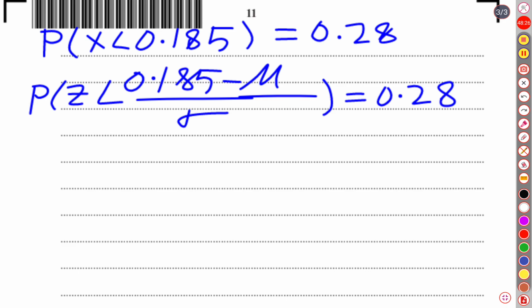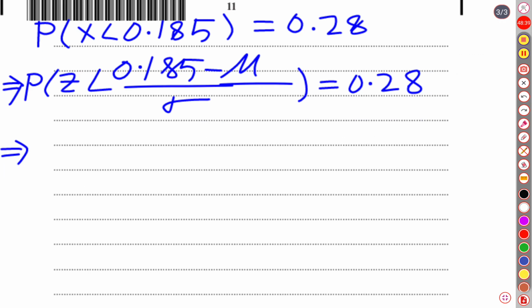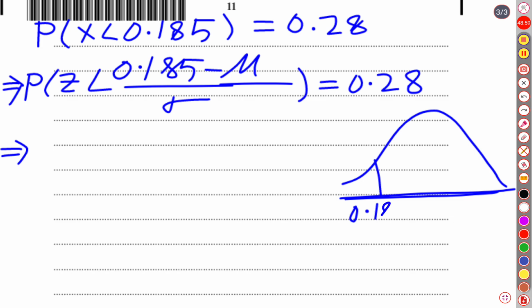If we observe the graph, look at this. Suppose again our probability is a tiny part. It is lying on the left side because of less than z score, so our z score may be over here, which is (0.185 minus mu) over standard deviation.